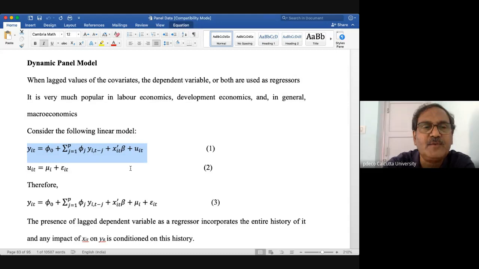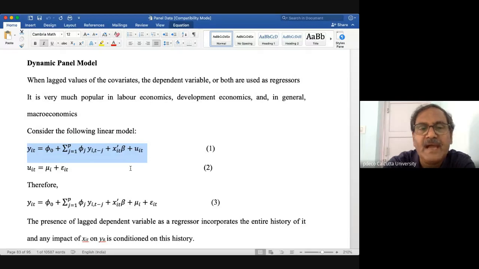Y_it is equal to phi naught plus the sum of phi_j Y_it minus j plus x prime_it beta plus u_it. Now here x prime_it includes all covariates, including the lagged values as well.